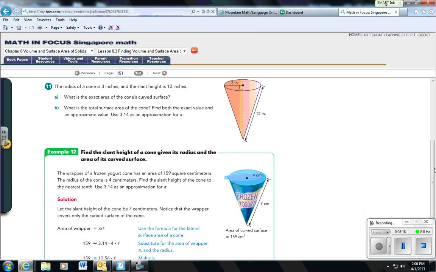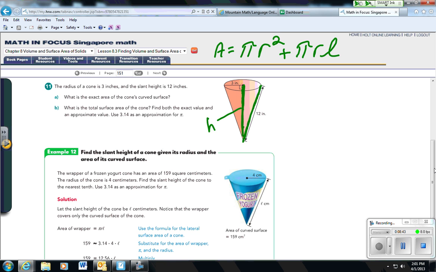Now we're dealing with area. Okay, so area of cones. Area is pi r squared plus pi times the radius times the slant height. L is the abbreviation for slant height. So the dotted line that you see here, draw this in, that's your height. Okay, that's h.